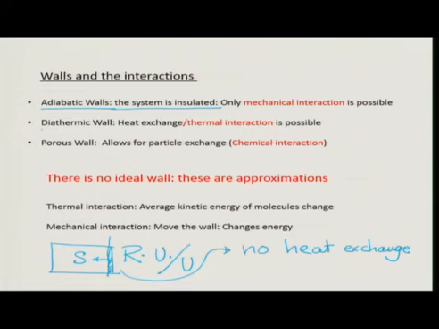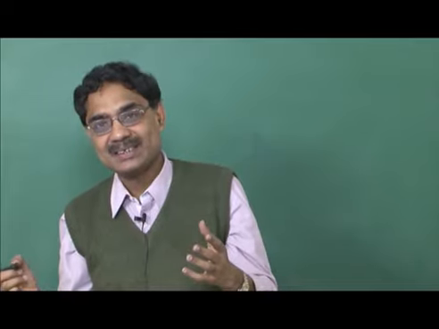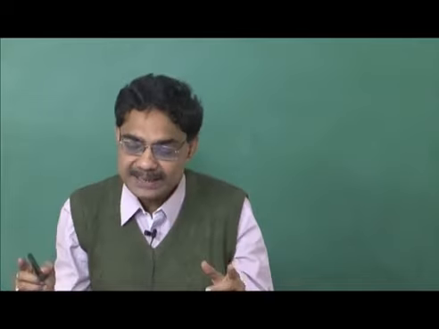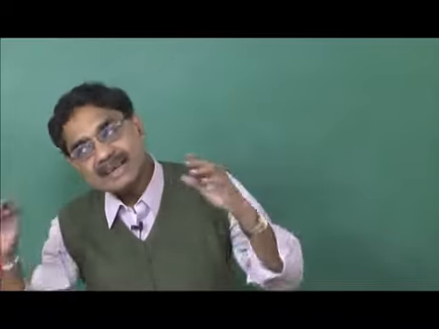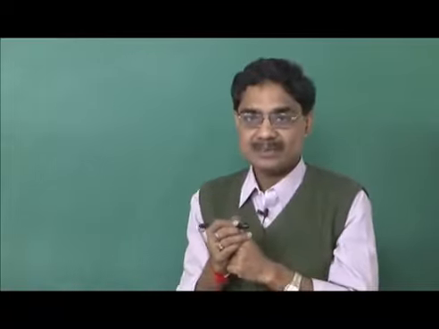Okay? Then there is a diathermic wall. Diathermic wall is just opposite of what I defined as an adiabatic wall. Diathermic wall on the other hand allows for heat exchange. This is very, very important. One wall is not allowing any heat exchange, system is completely insulated, that is adiabatic wall, system is completely insulated from the rest of the universe.